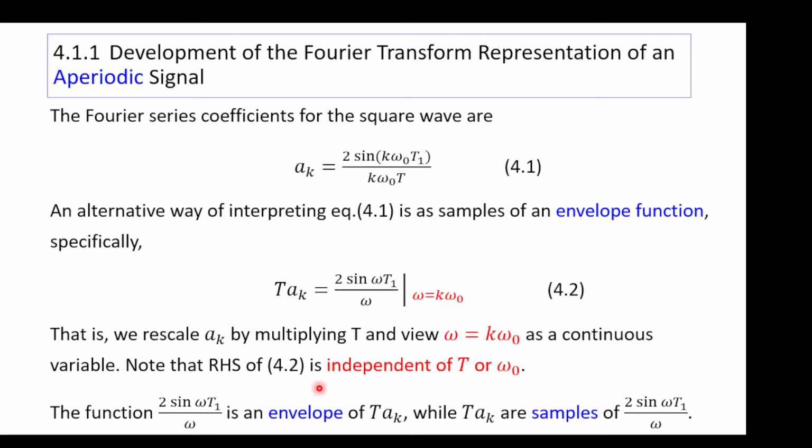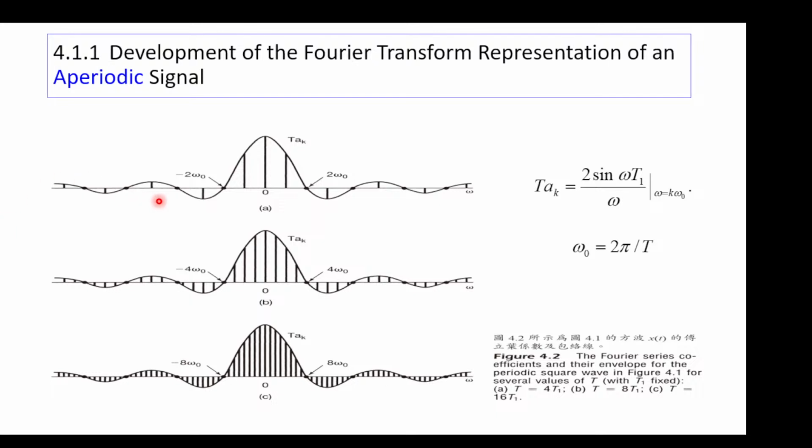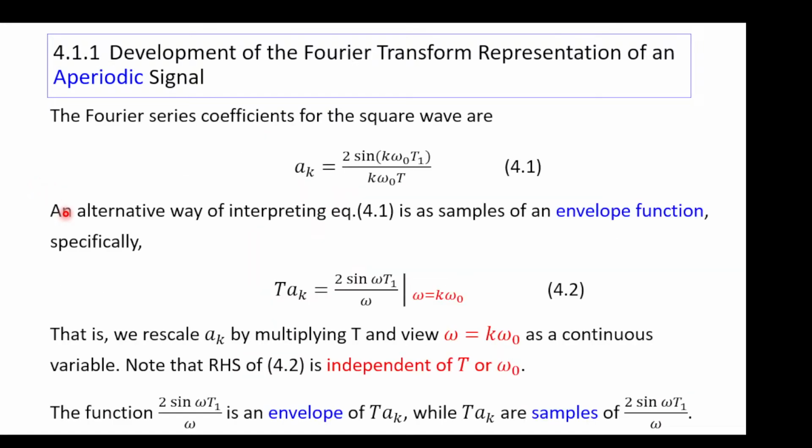If we plot this T a_k function as a function of omega, it's independent of T and independent of k.